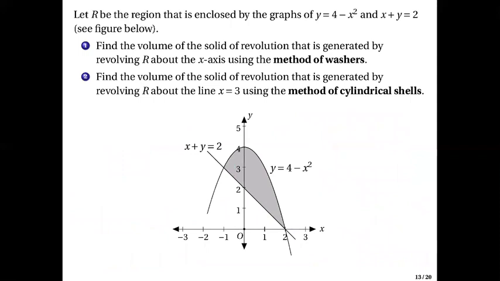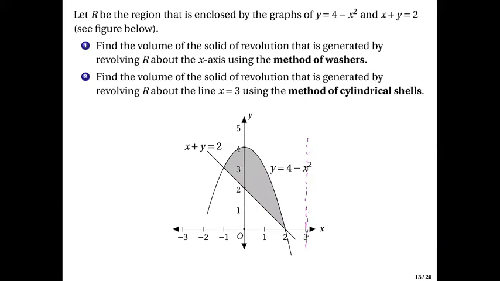So this is the axis of revolution in this case. Sorry, it should be at x equals 3. But anyway, so we have this. And then we want to use the method of cylindrical shells.